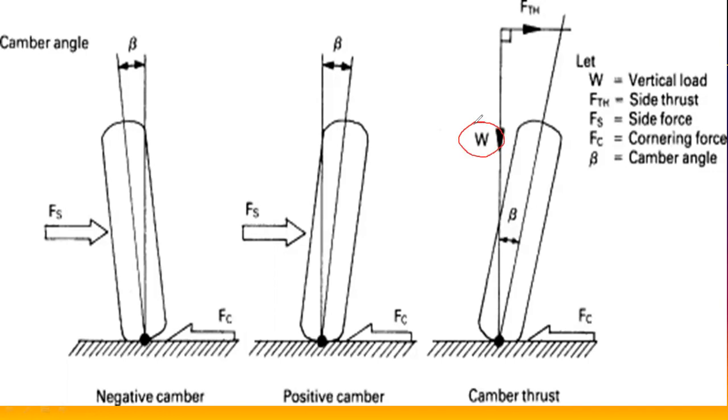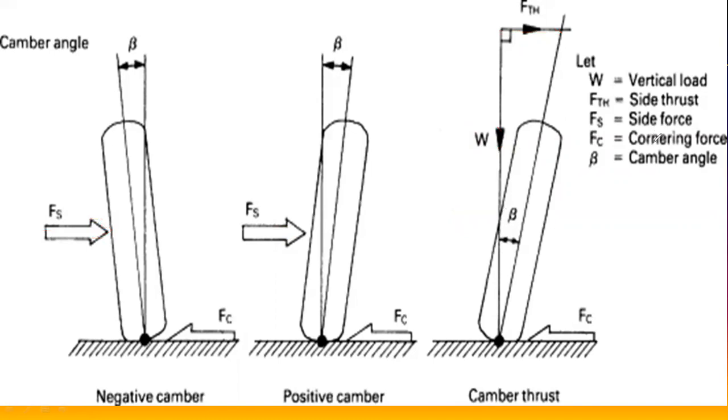Then you can see FTH, the camber thrust, which is the side thrust. The next one, Fs, is the side force acting on that wheel.